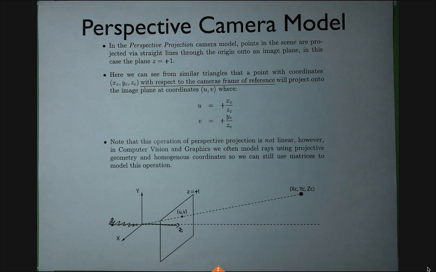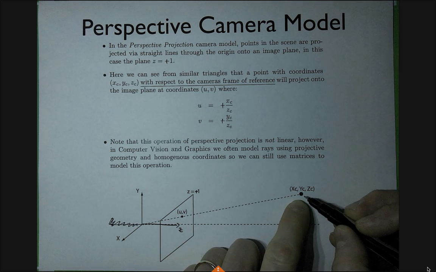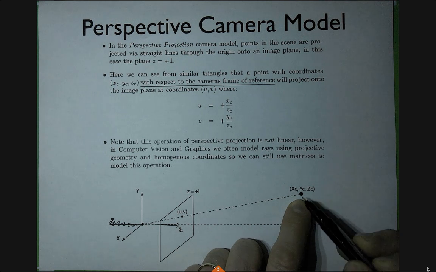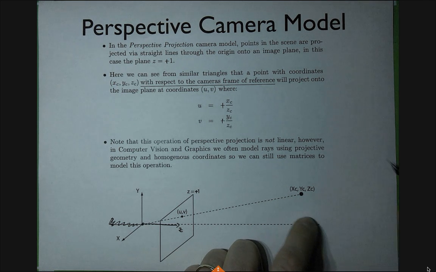Okay, so where do they intersect? That's quite easy to compute, right? If my ray is defined by the origin 0 and xc, yc, and zc, then where does it intersect the z equals 1 plane?